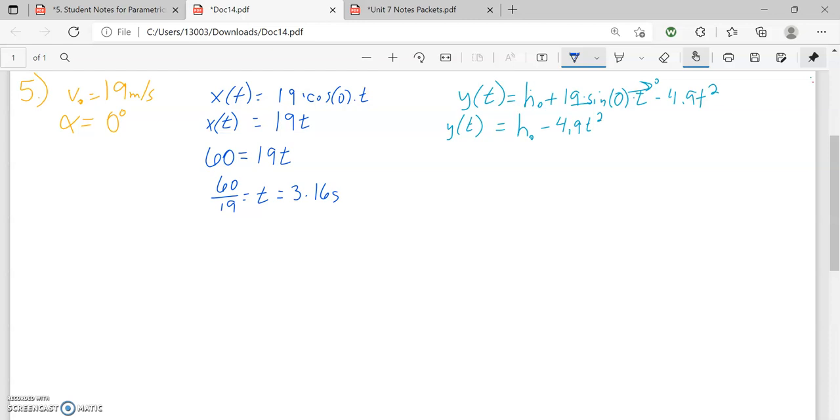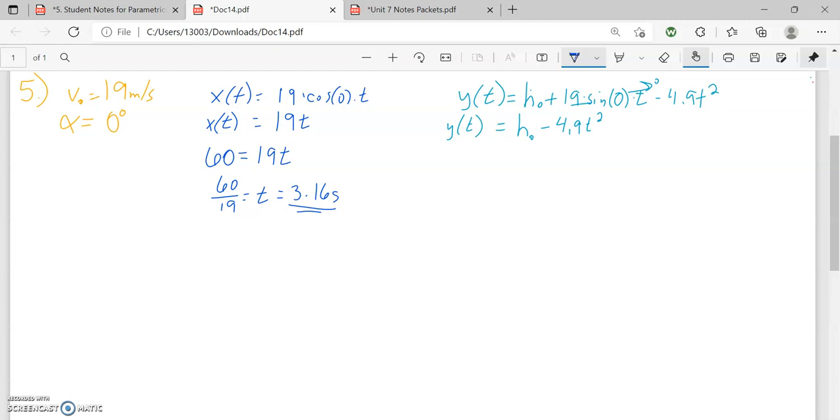So now we realize that, hey, after 3.16 seconds, we have reached the horizontal. What we know, though, is that in the same amount of time it took to go 60 meters horizontally, we need to have traveled from wherever we're at to the ground.